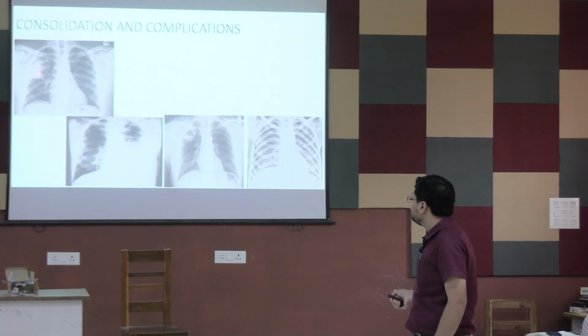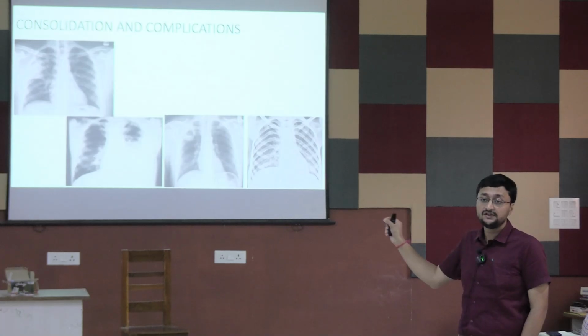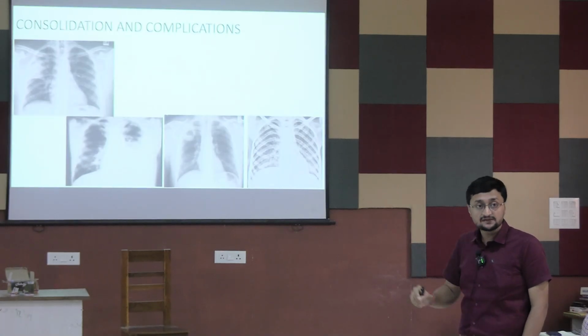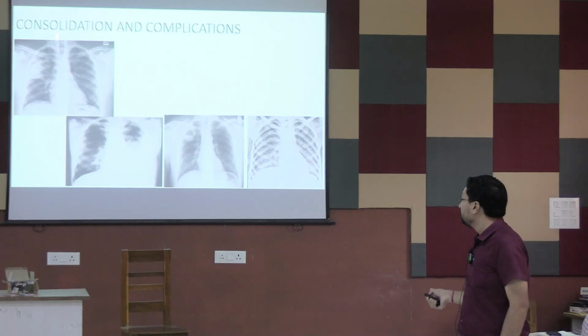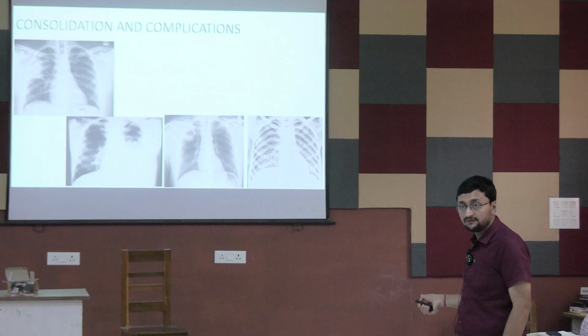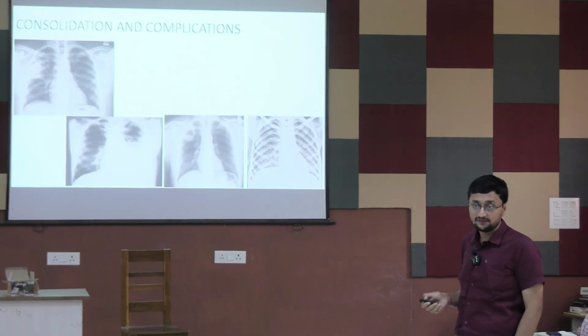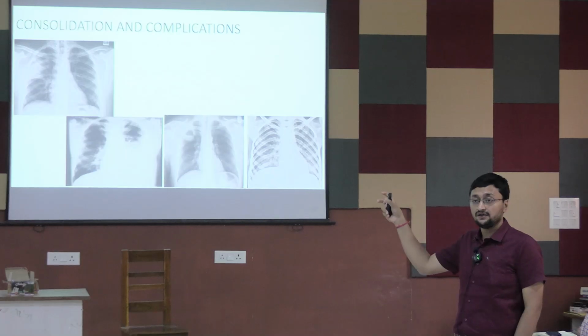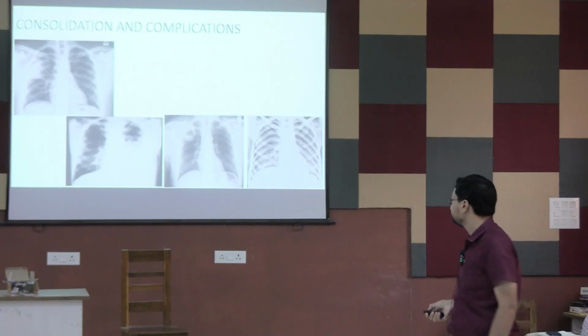Can you see these black shadows over the area of the inhomogeneous opacity? This is called right middle lobe consolidation. Why middle lobe? The fissure is visible, and this is lobar pneumonia, lobar consolidation, because only one lobe is affected, not the whole lung.